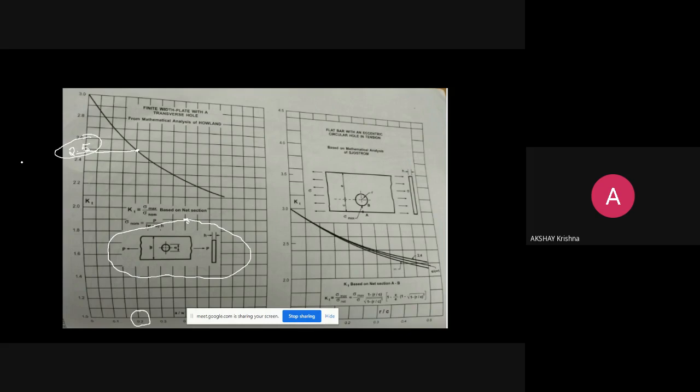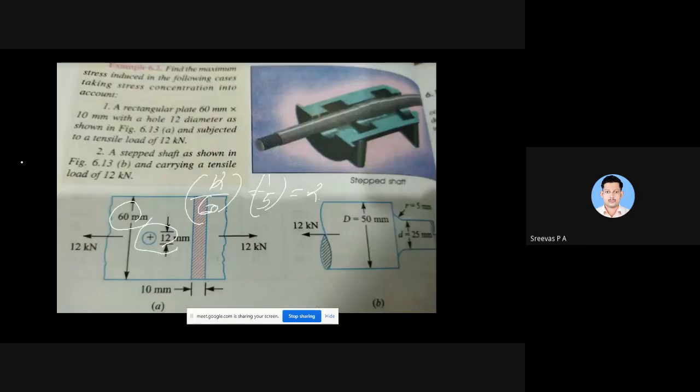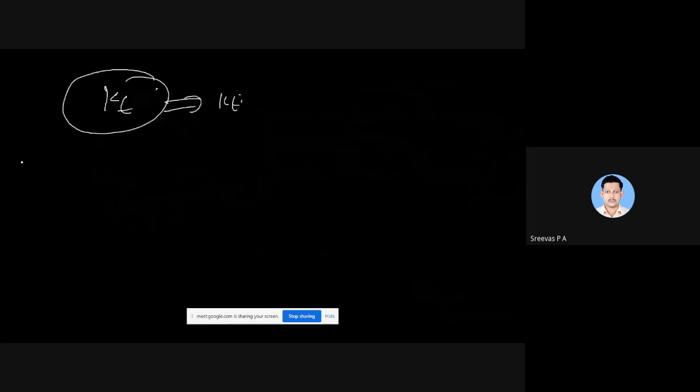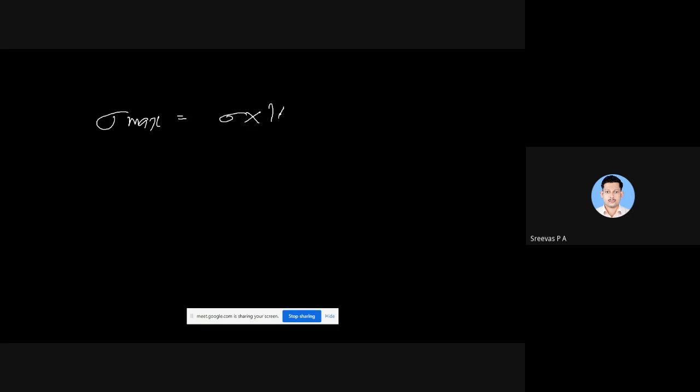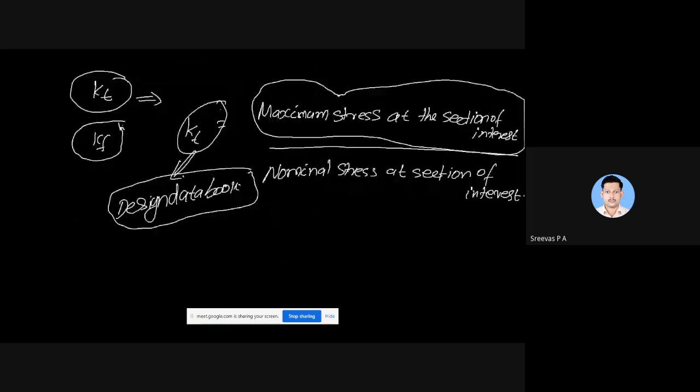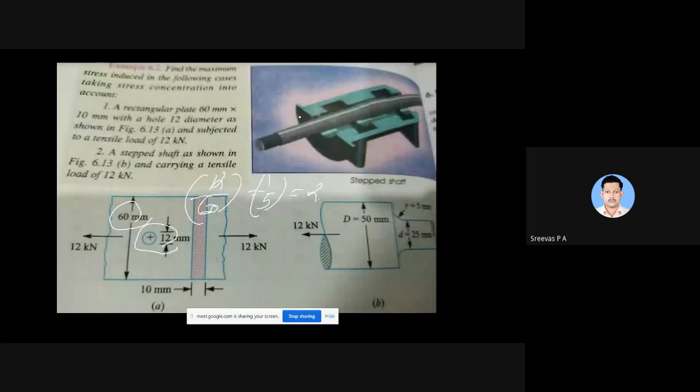Yes, sir. Okay, after getting KT, sigma max you can find out. Sigma max is sigma into KT. So what will sigma be in this case? In the first case, what will sigma be? The stress in the first case. Okay, what is that area? What will the area be? 60 into 10?